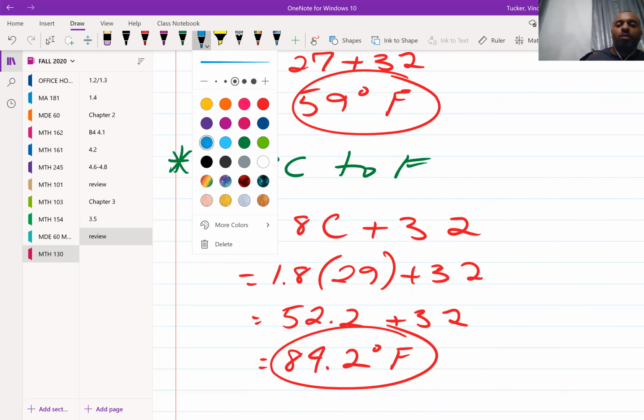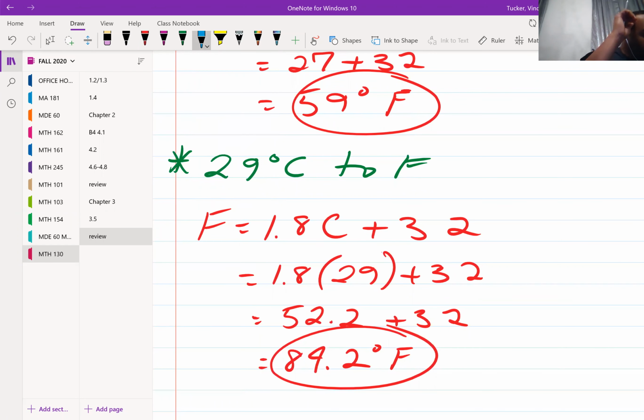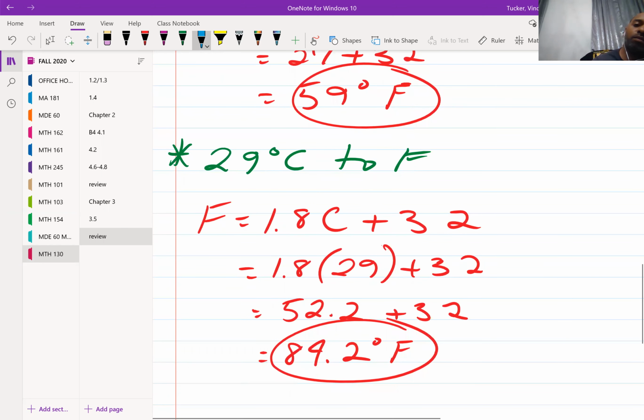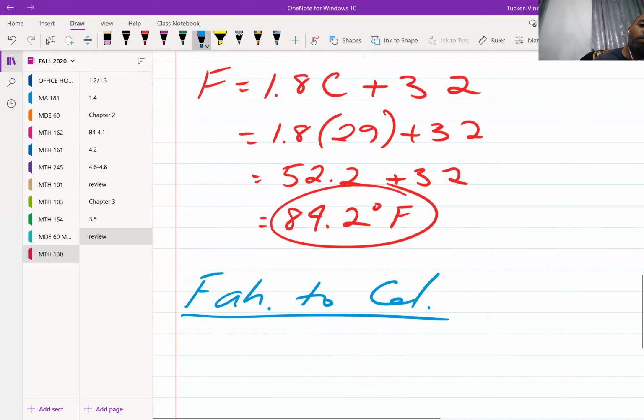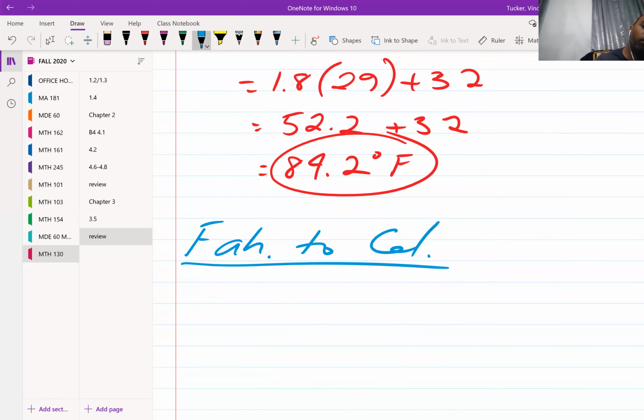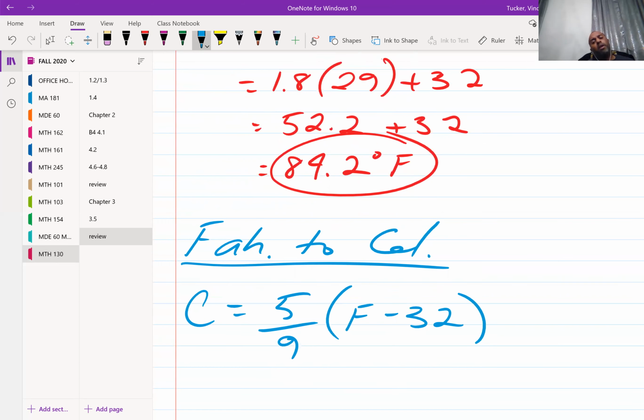All right, any problems with Celsius to Fahrenheit? Nope. All right, so the next one, Celsius is equal to 5/9 times F minus 32. So now there's not an or on this one.